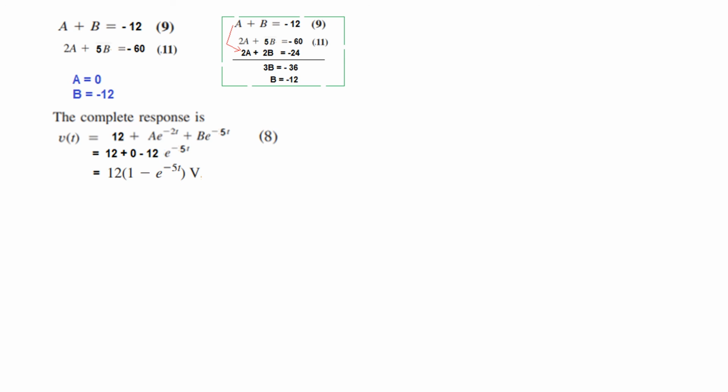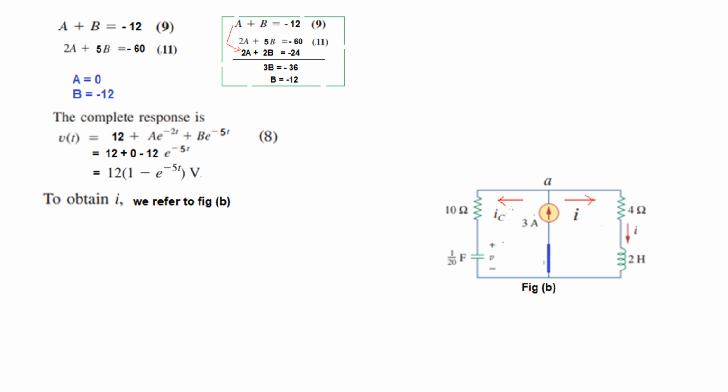Now the question also asks to find the current i(t). So for that we'll again go to our circuit here, and we refer to figure B to obtain i. From this we know 3 is equal to i plus iC. So we'll use this formula.